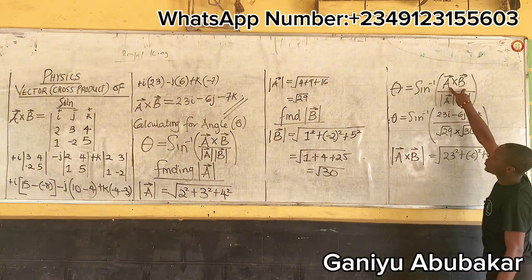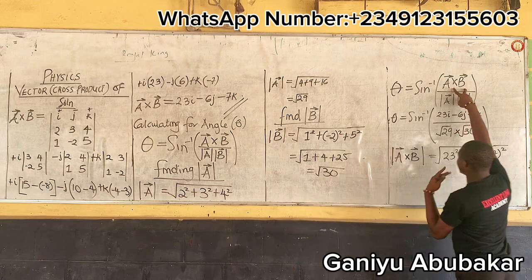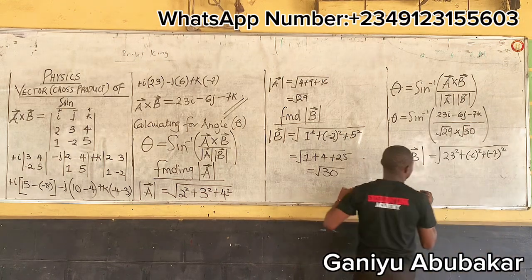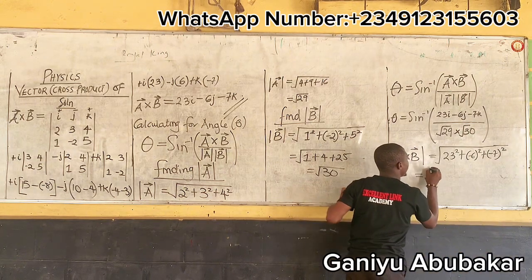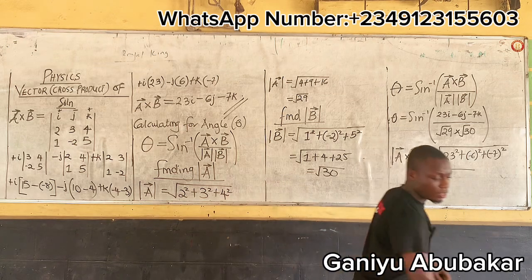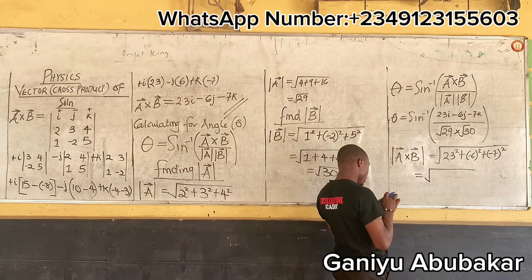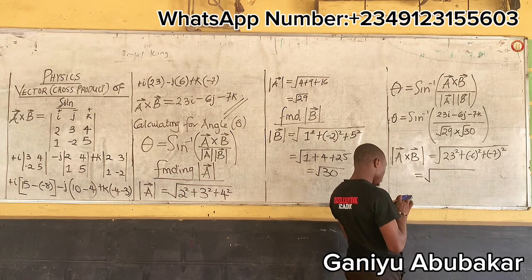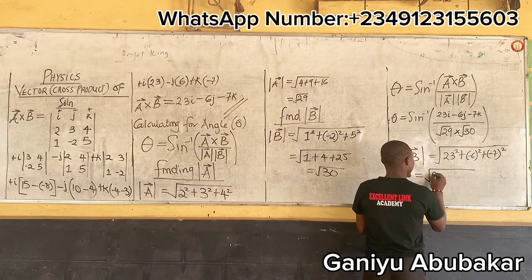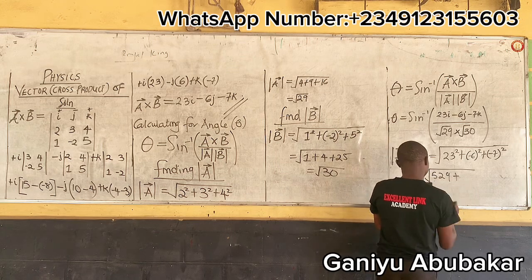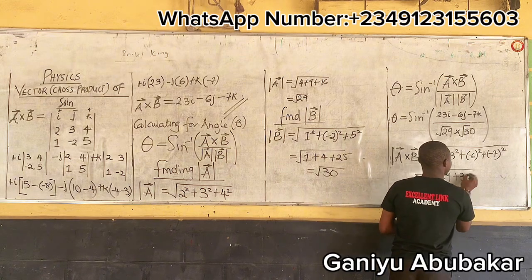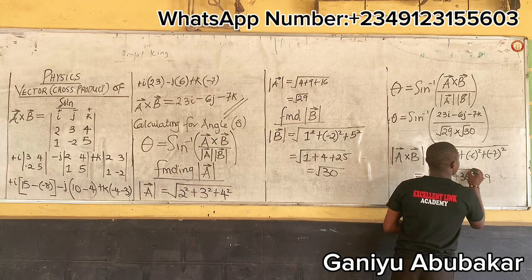I'll get a magnitude for each of them. For this one, all I have here, on the calculator, is the square root of 529 plus 36 plus 49.